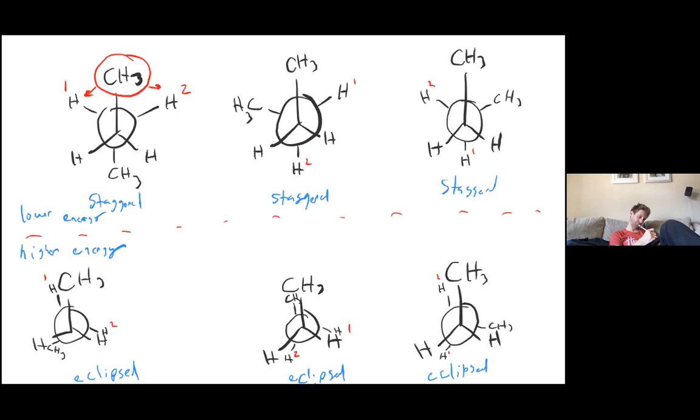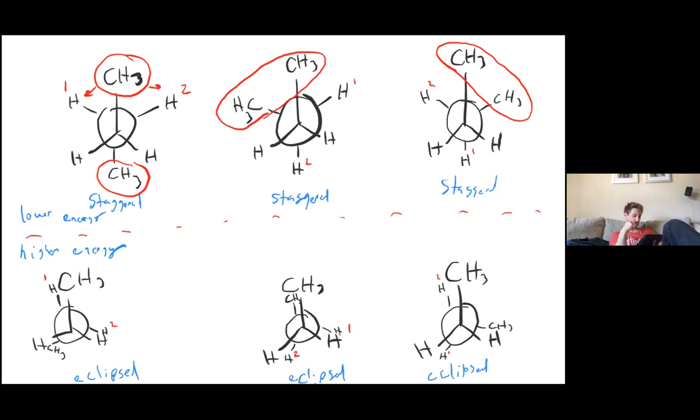Versus the next one where we have these 2 CH3s next to each other, that's going to be a higher energy level than just having your CH3s by themselves with no neighbors causing you any sort of repulsion. Same thing on the other side. These CH3s are next to each other, which are going to repel each other.